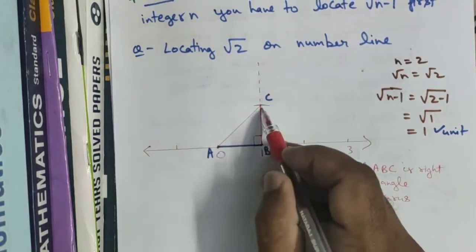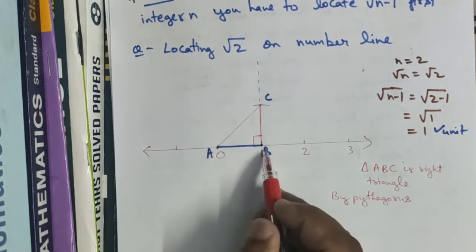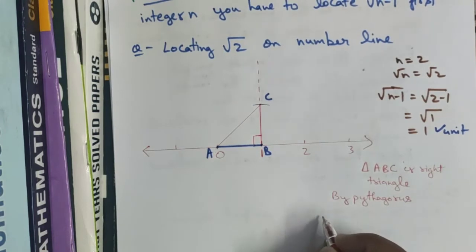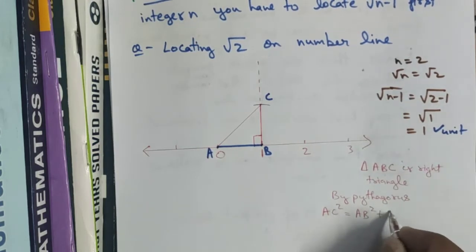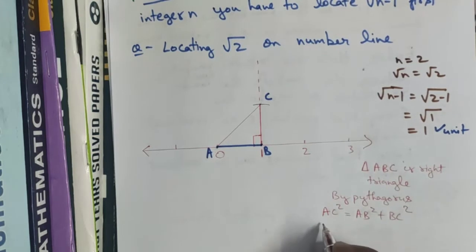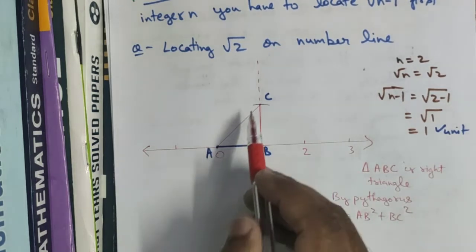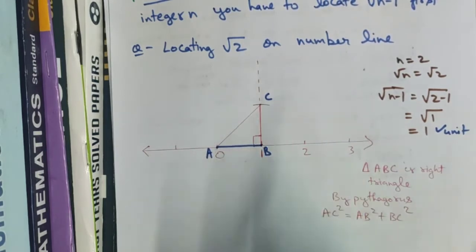Here AC is the hypotenuse, AB is the base, BC is the perpendicular. So AC square will be equal to AB square plus BC square.